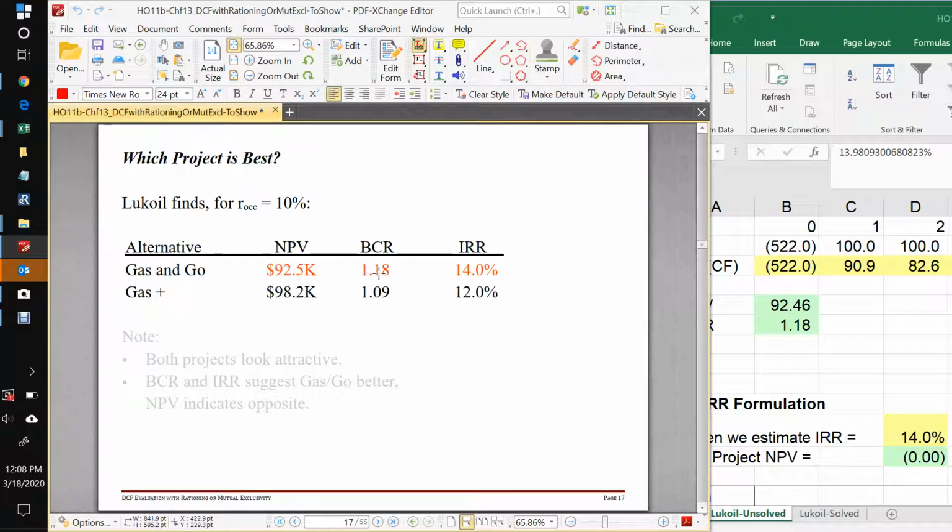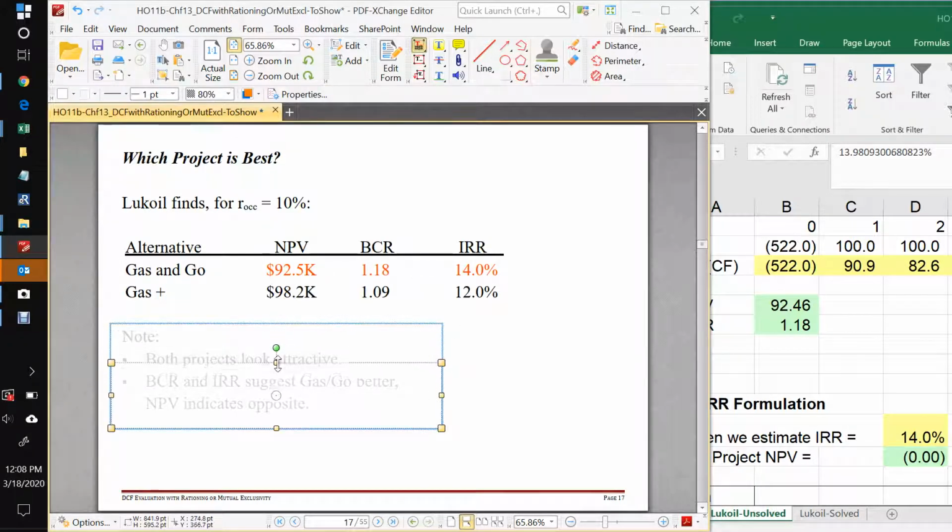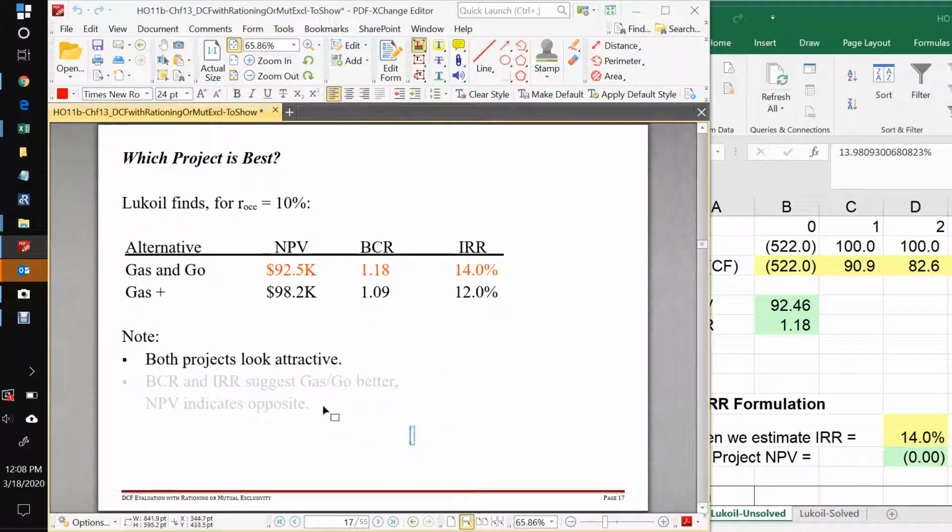So here I've got my numbers typed in for us nicely. So definitely both look attractive.